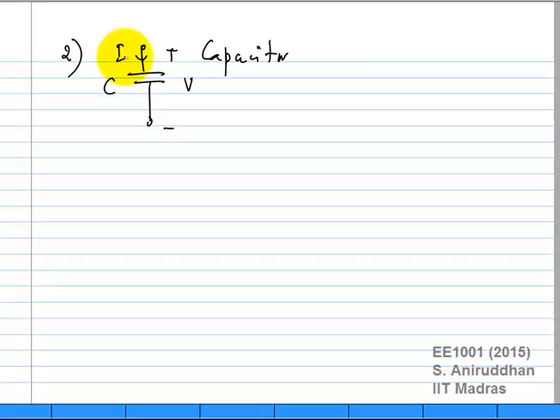Come on, people. I equals C dV by dt, right?